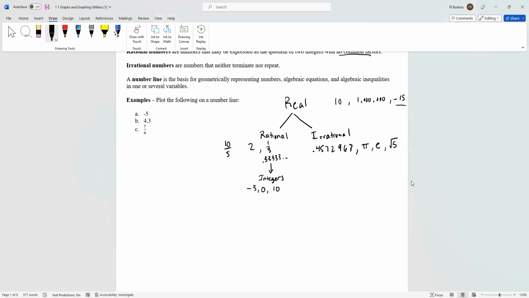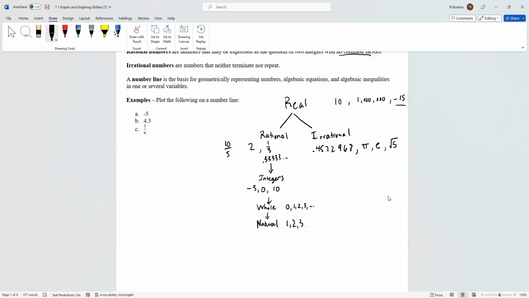These are all integers. Then that breaks down into whole numbers, which include 0, and then 1, 2, 3, 4, 5, and so on. And below whole numbers are natural numbers. And those are all of the whole numbers except 0. So sometimes we call them counting numbers, because when we count, we start with 1.